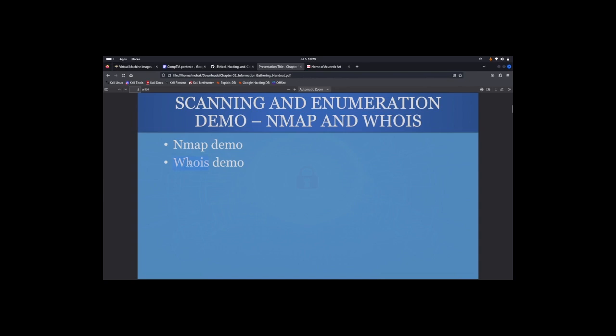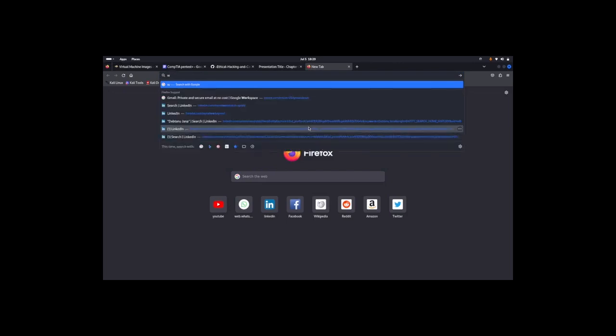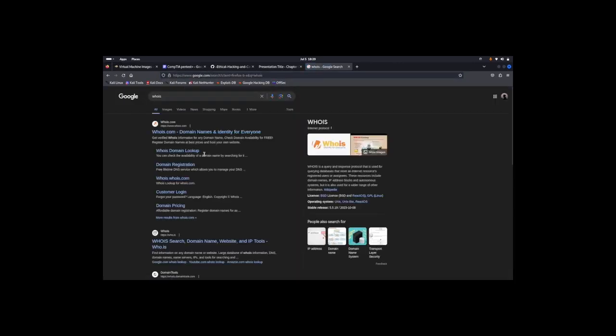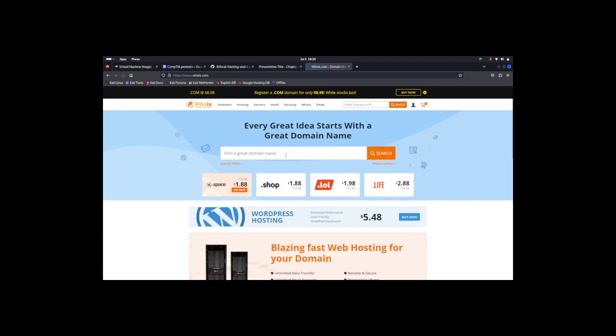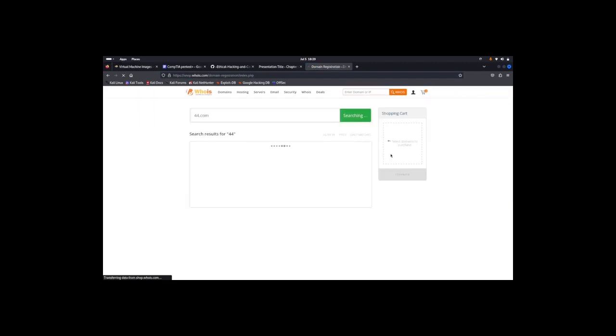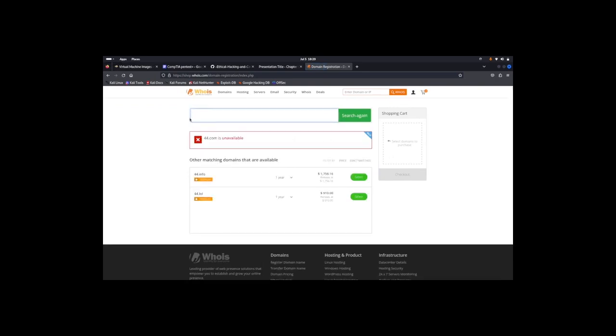And there's another thing called whois. People already know about it. It's just overrated for me. I don't know how much people know about it. If you go to a particular website called whois and search some domains or particular names, let's just test one, web.com.